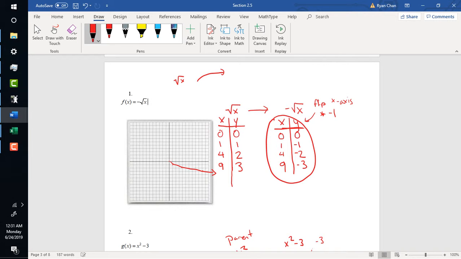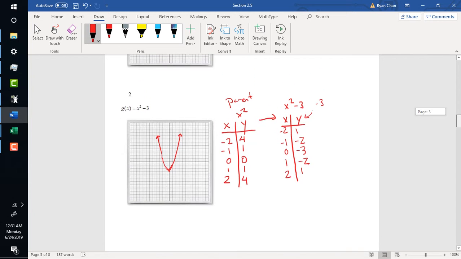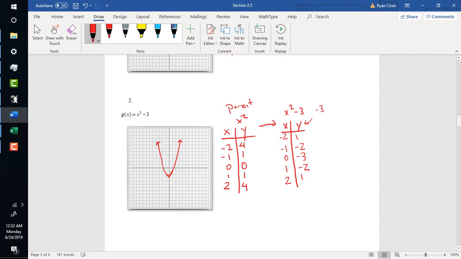Now it can be flipped upside down, but it's still going to be the semi-curve that it entails. Likewise, if I look at x squared minus 3, my parent graph is a parabola. It's going to be a kind of U shape. And notice it just shifted down, but it's still a U shape. So always remember that your shape will always be preserved, even if it's moved around.